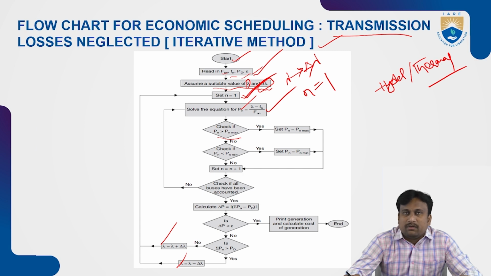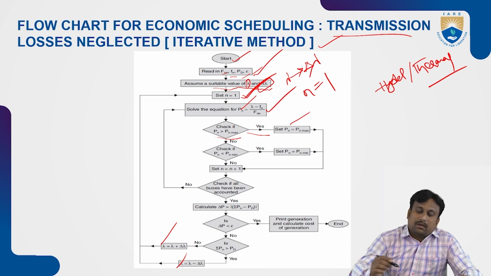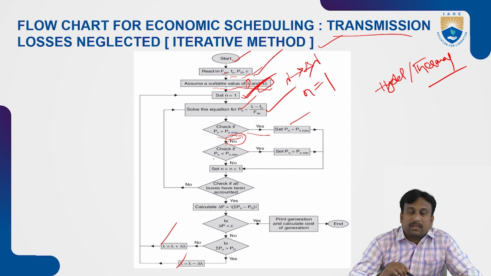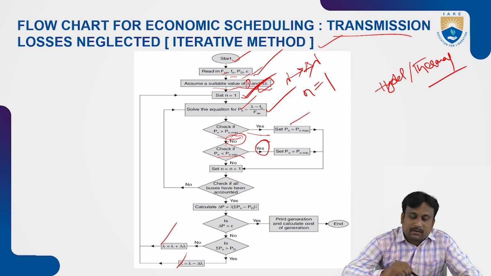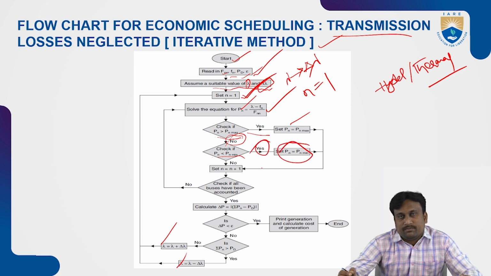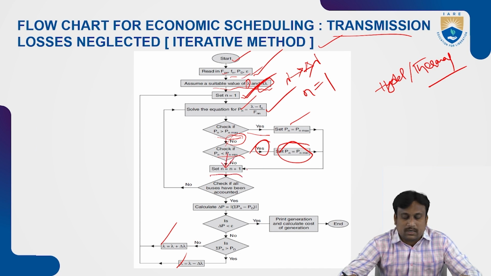If it is yes, then you set Pn equal to Pn max. If it is no, then you need to check if Pn is less than or equal to Pn minimum. If so, then you set Pn equal to Pn minimum. If not, then set n equal to n plus 1.